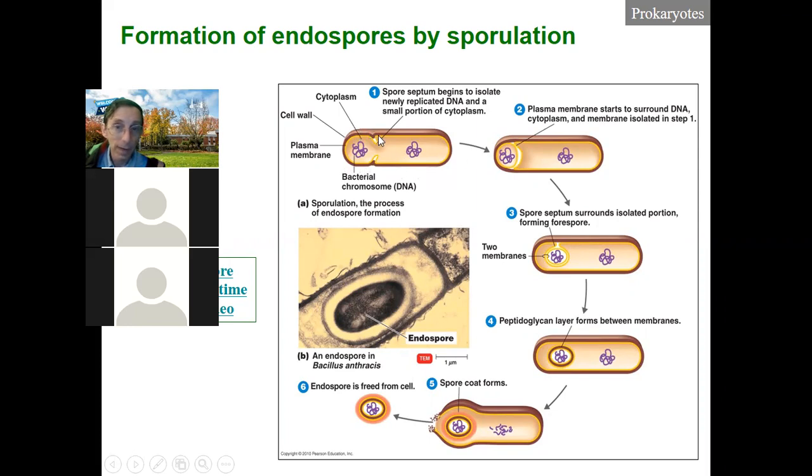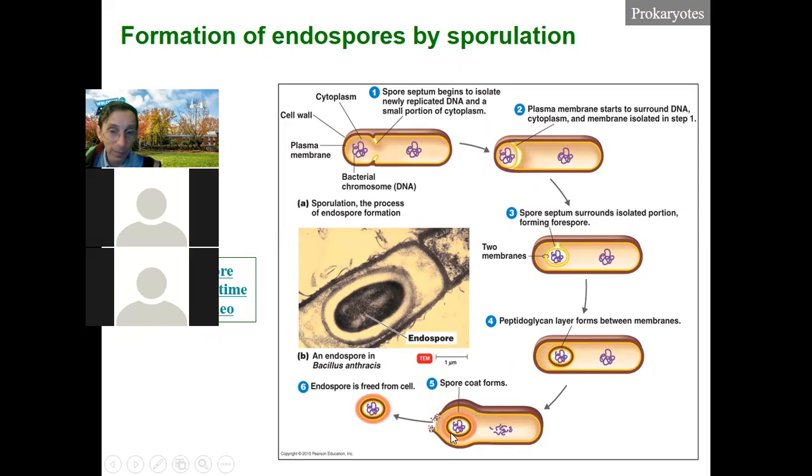The plasma membrane will then grow and divide this cell into two. We'll then get a double membrane, meaning two membranes, to make the endospore. A peptidoglycan layer will then be put in between the two membranes. The spore coat will form.